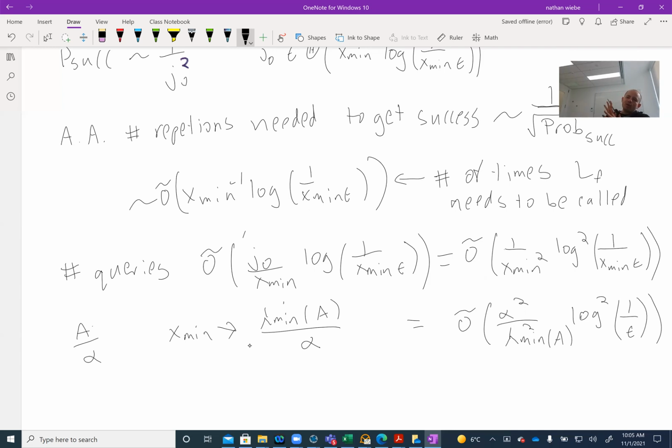All right. So this gives us the basic scaling that we need in order to be able to solve our problem.